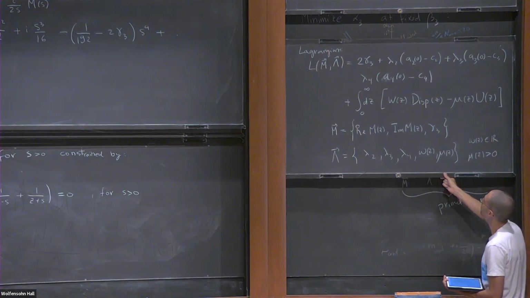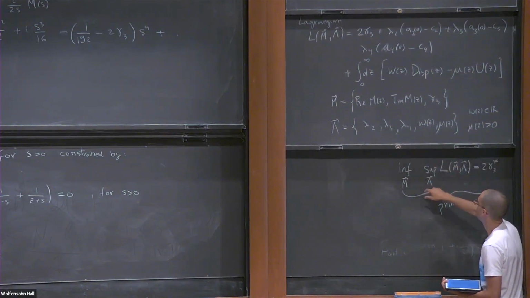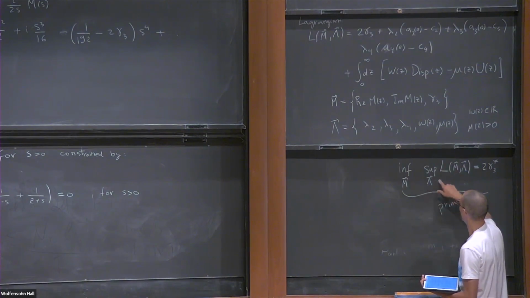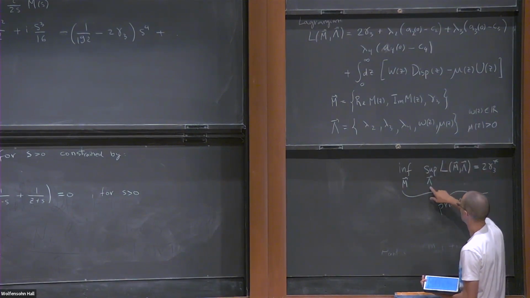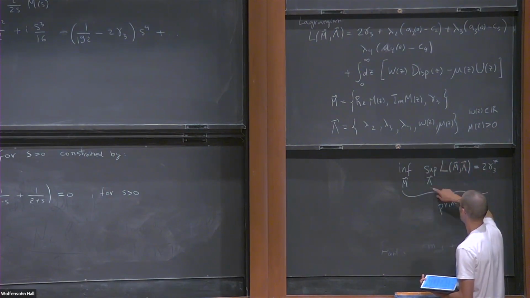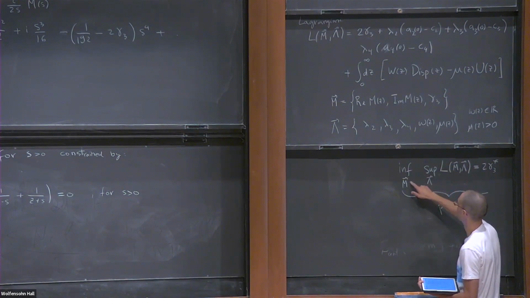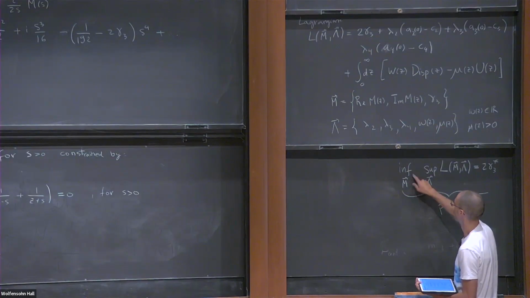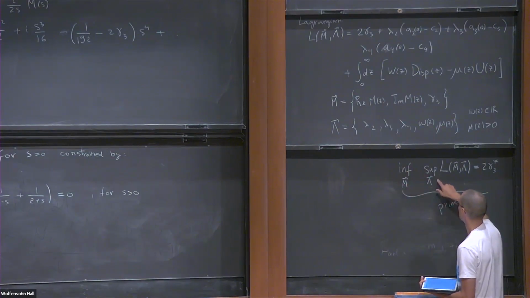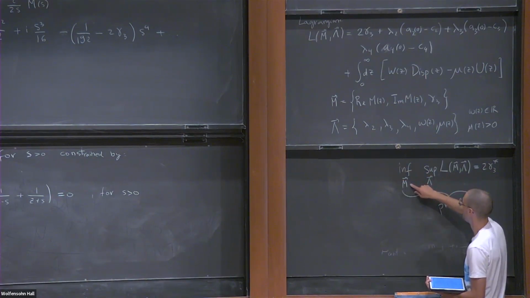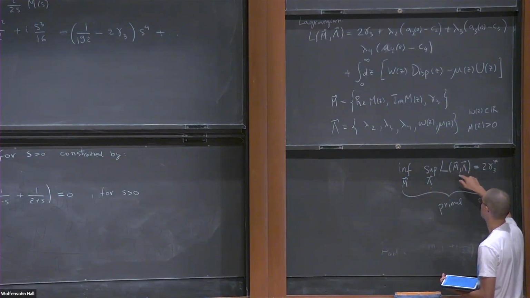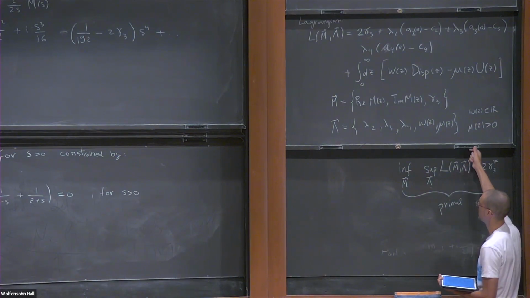So for all values, if you don't respect the unitarity constraint, the maximum here is infinity. So then when you minimize, you don't get a useful bound. Okay? So once you minimize with respect to the primal variables, the minimum with respect to primal values will be obtained when you respect unitarity.